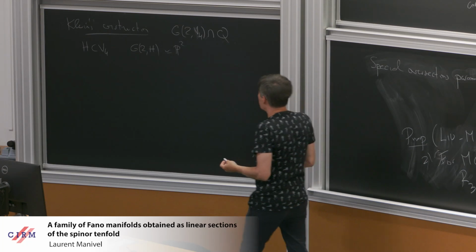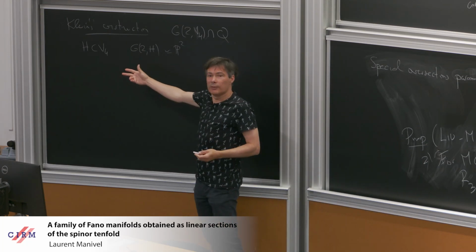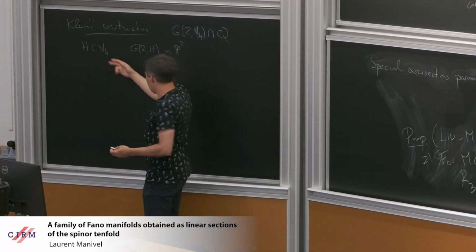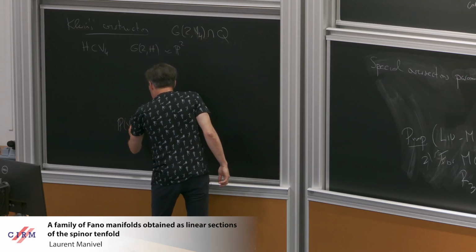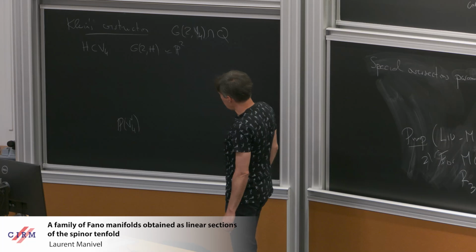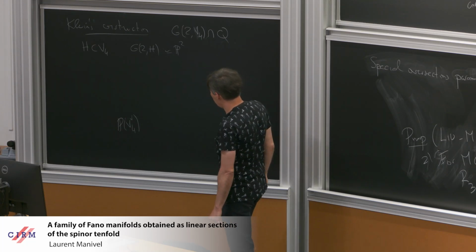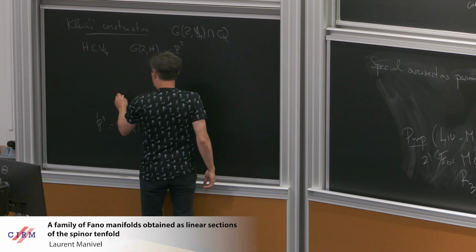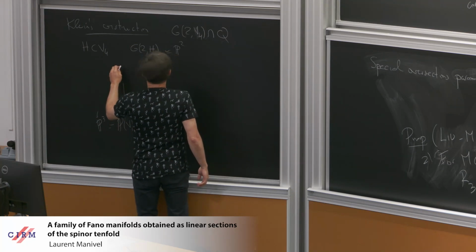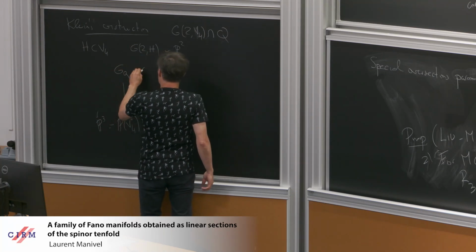So this will construct a conic bundle over the space of hyperplanes. Okay, so over the space of hyperplanes, P3 dual, you have, maybe I will call it GQ, a conic bundle.